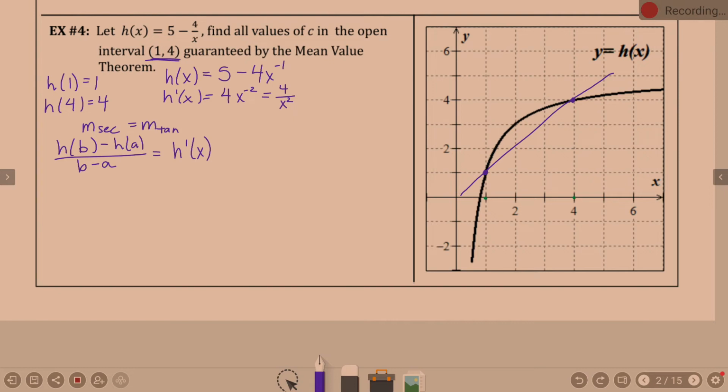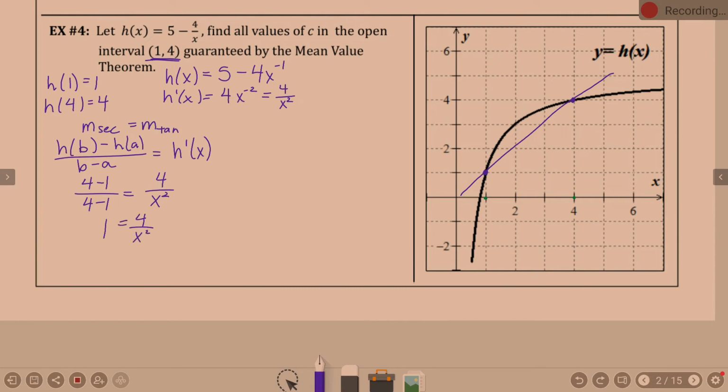So h of b minus h of a, 4 minus 1 over 4 minus 1, equal to 4 over x squared, because I already did my derivative. So 4 minus 1 over 4 minus 1 is really just 1.